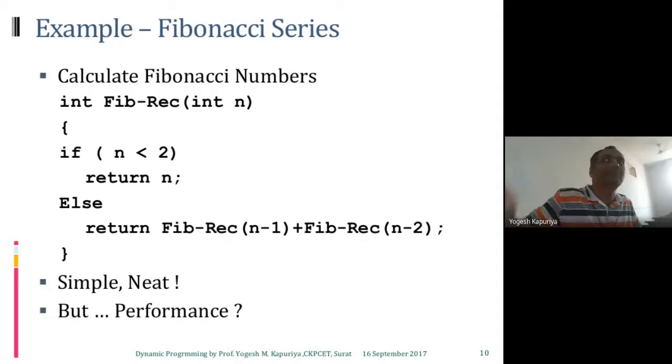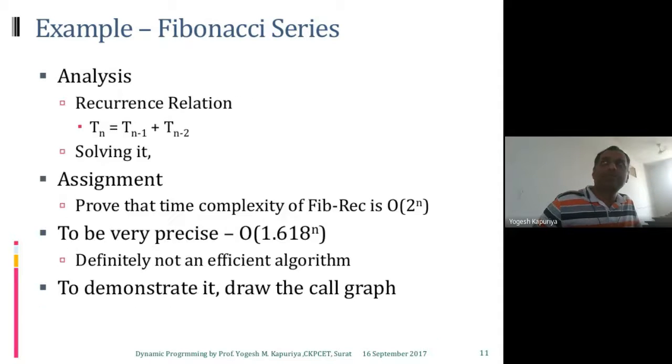You pass 0, you return 0. Fibonacci of 1 is 1, so you pass 1, you return 1. That's why it returns n. Okay, fine. This sounds like a very simple, clean and neat approach. But if you compute the time complexity of this approach, this is how it looks.